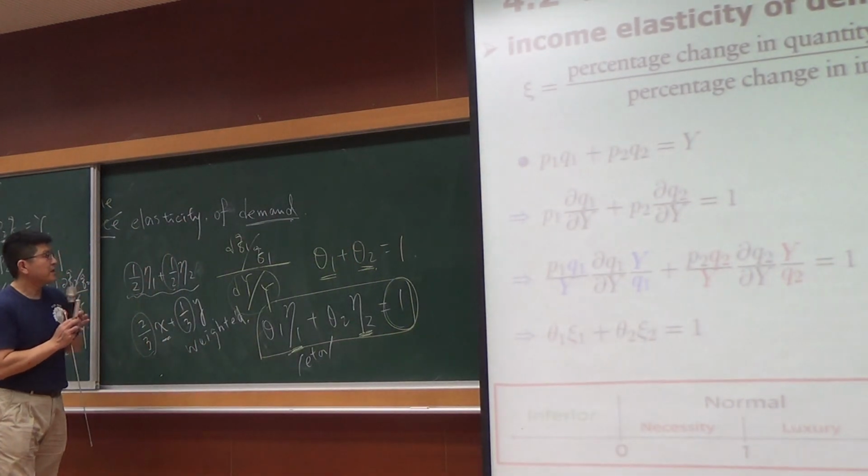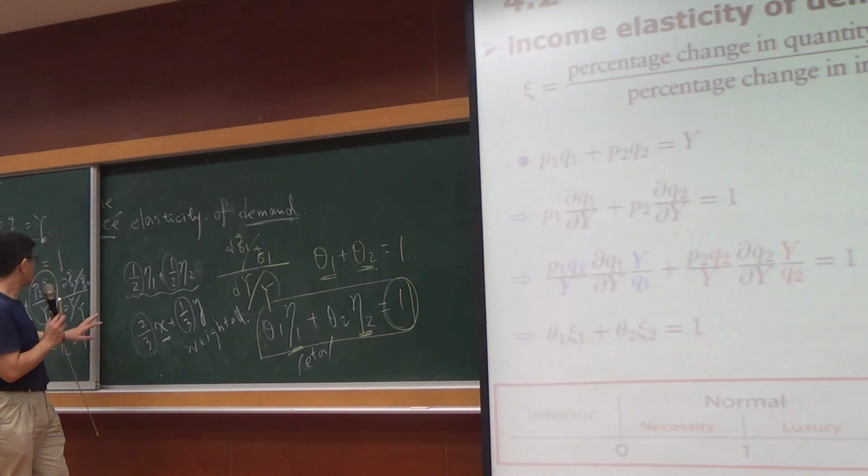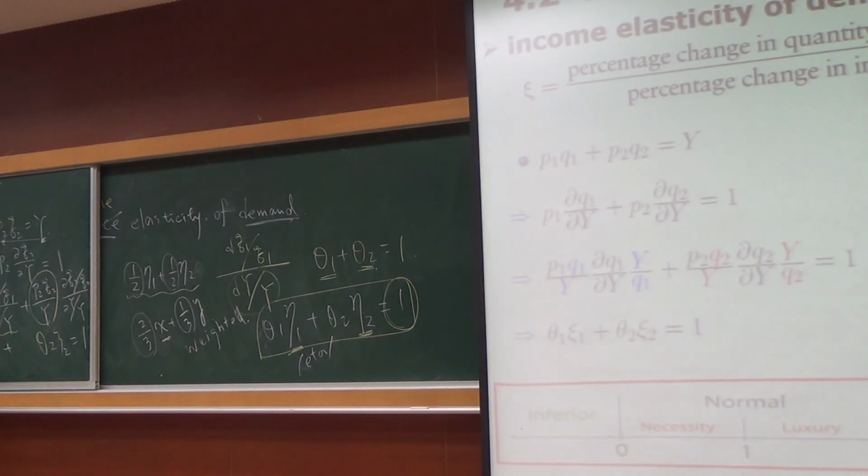Because by the definition here, if the income elasticity is negative, a positive 1% change in Y gives a negative percentage change in Q1, which means more income, less quantity demanded, right?